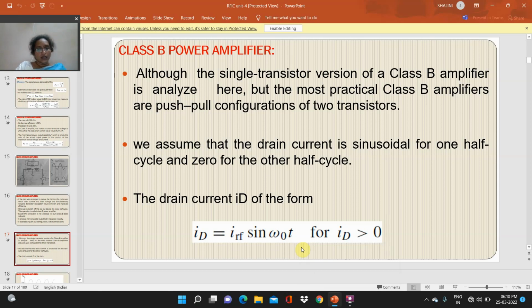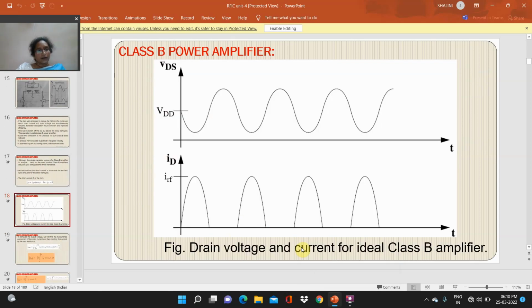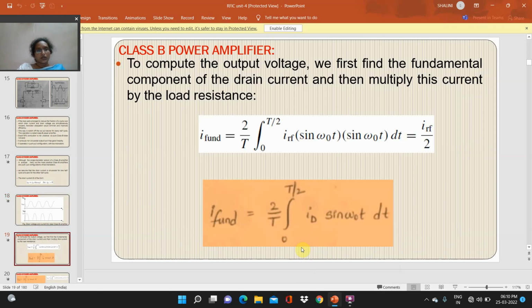The drain current ID is of the form ID is equal to IRF sin omega naught t for ID greater than 0. So drain voltage and current for an ideal Class B amplifier should look like this.